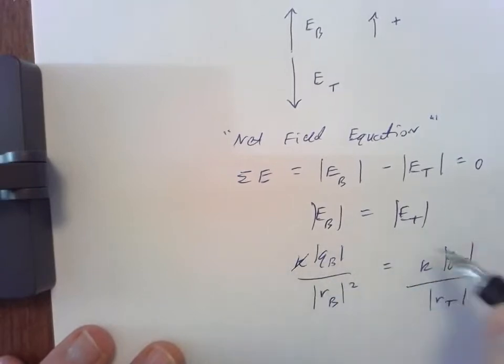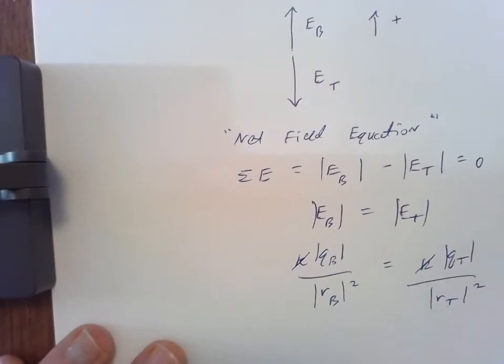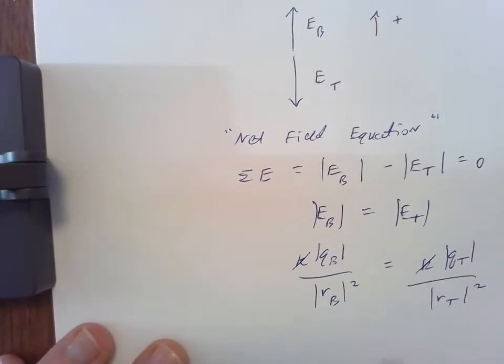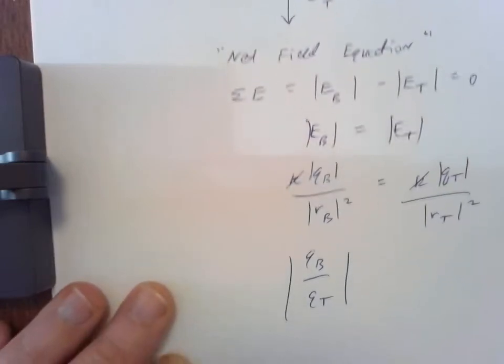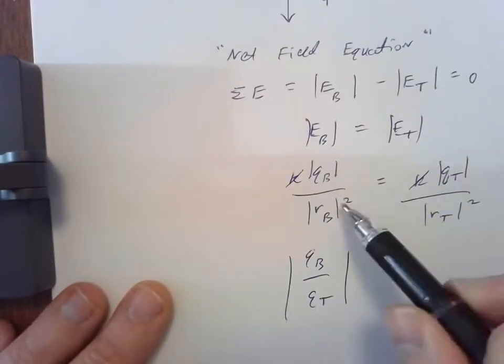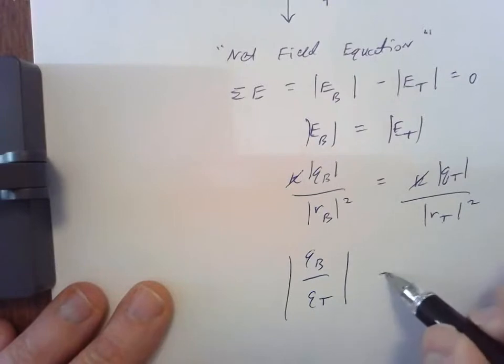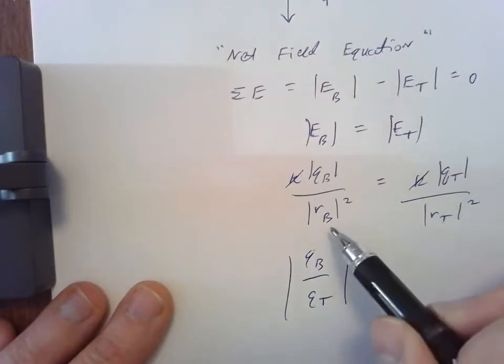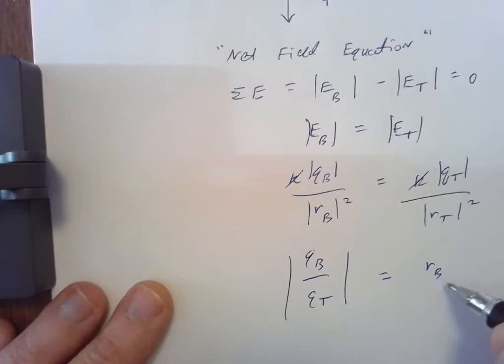We can cancel out the K because that's the same on both sides. So while we can't figure out exactly how much charge Q top and Q bottom are, we can definitely see that the ratio Q bottom over Q top, if I divide both sides by Q top, must equal the ratio of R bottom over R top, squared.